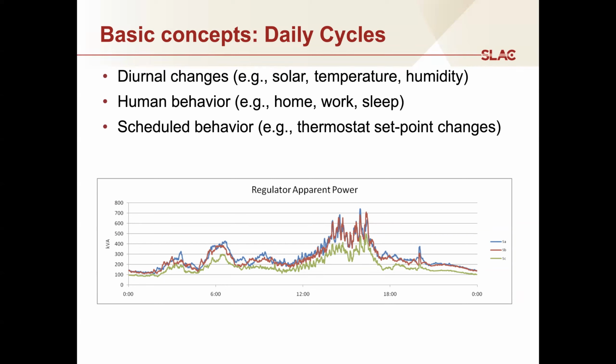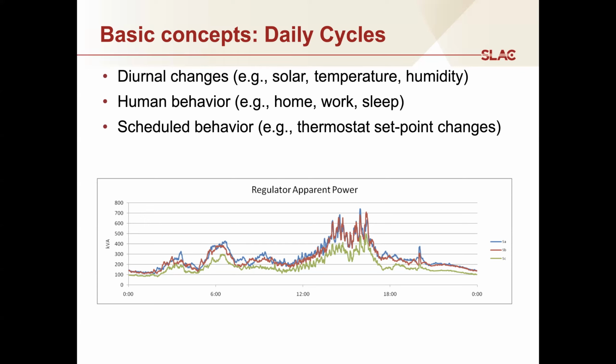As you're at home, you go to work, you come home, you maybe go out, or you cook dinner, you sleep. Those things all reveal themselves in the system as behaviors that are highly relevant to how systems will function, and create that kind of variability that we're interested in seeing when we're studying, for example, how thermostats respond or how voltage regulators respond to changing conditions on the system.